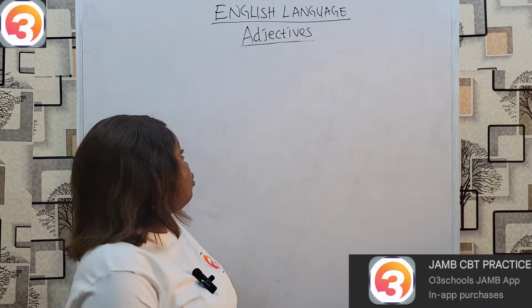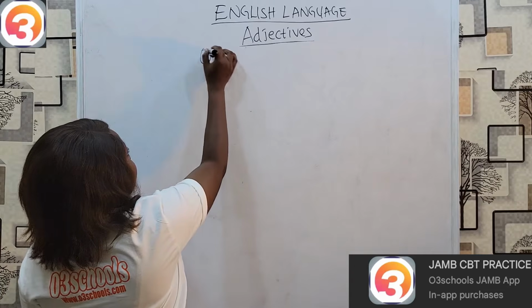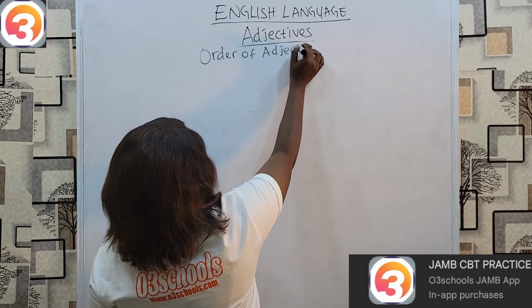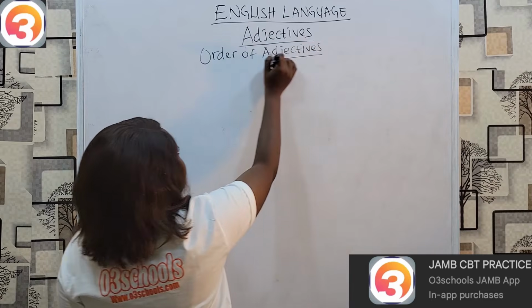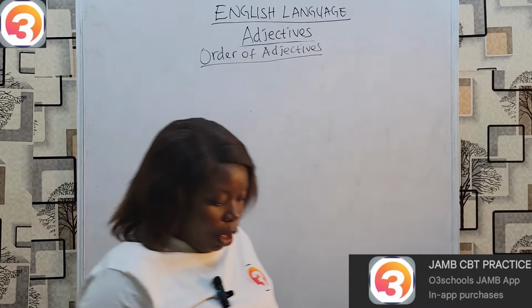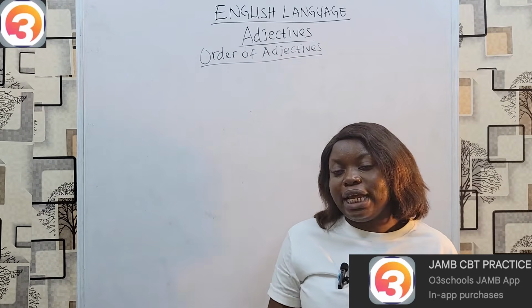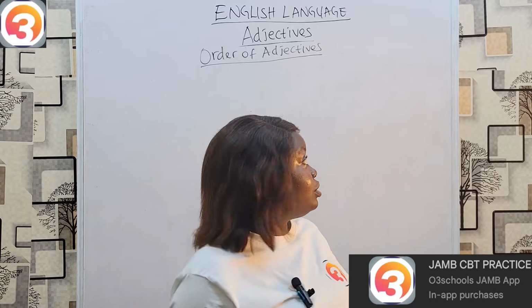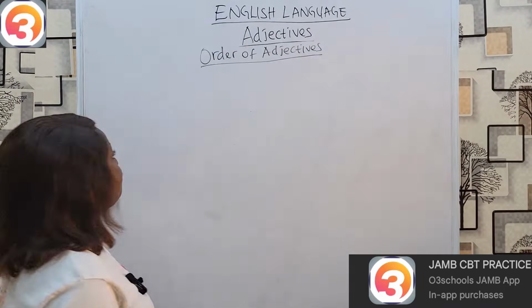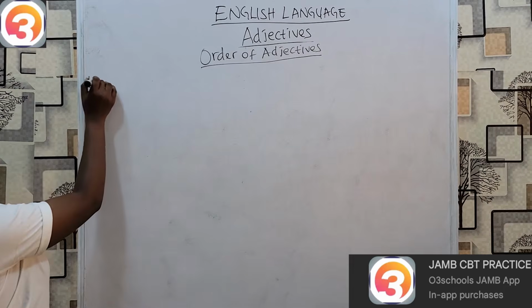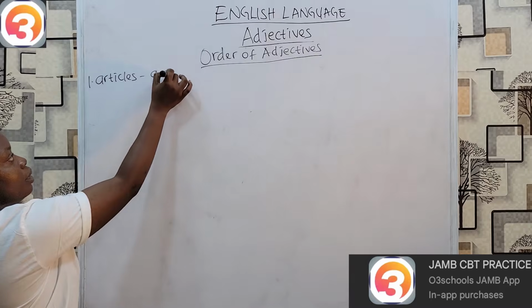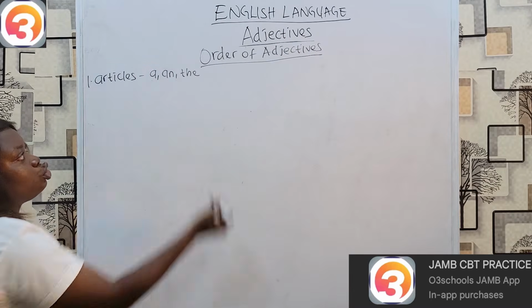So let's look at order of adjectives. We can have multiple adjectives coming up in a sentence to describe a particular noun. So these adjectives have to be arranged properly. How do we arrange these adjectives? First, we start with articles. A and the should come first.